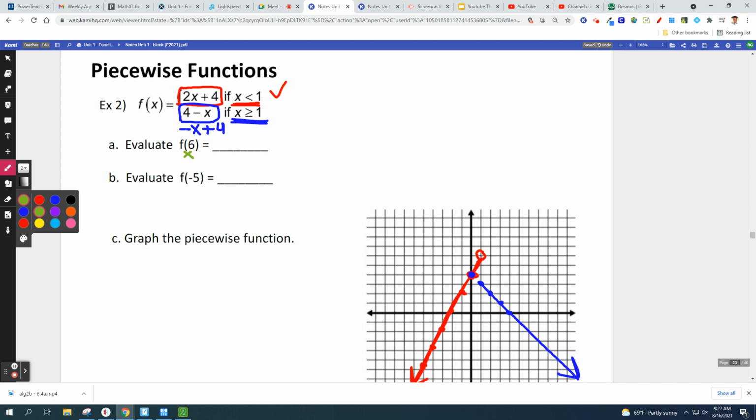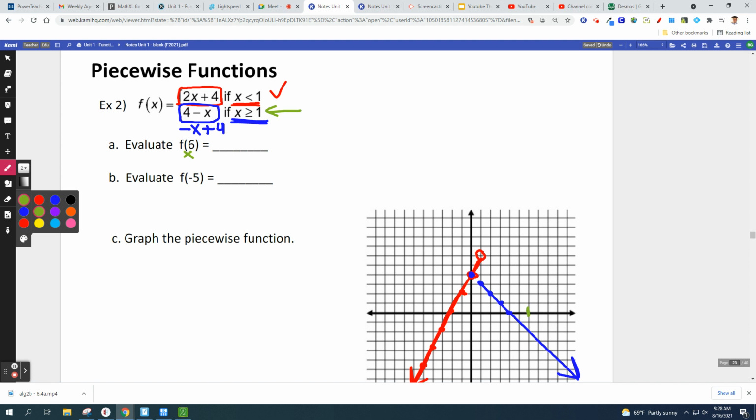If you look at the graph, x equals 6: 1, 2, 3, 4, 5, 6. X equals 6 is over there. You don't need to make that mark on there. You just need to notice if we're red or we're blue. Is x equals 6 going to be red or blue? Blue, right? X equals 6 is looking at this piece and not the other one. The other one does not apply.